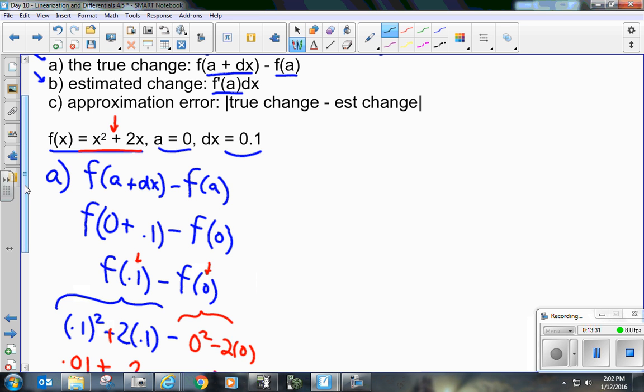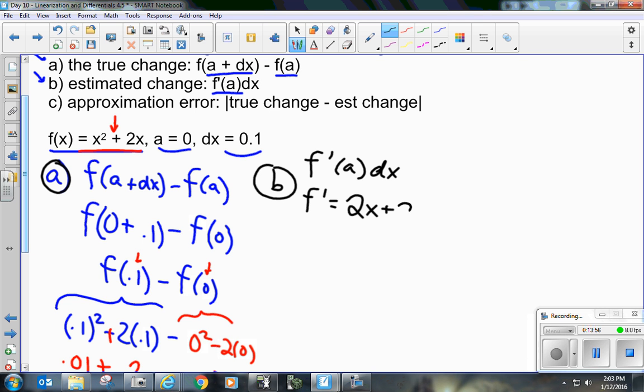Now let's find the estimated change. I need to take the derivative of this and then put a 0 into it. So I need f prime of a times dx. So, well, f prime is what? If I take the derivative of my function, 2x plus 2.